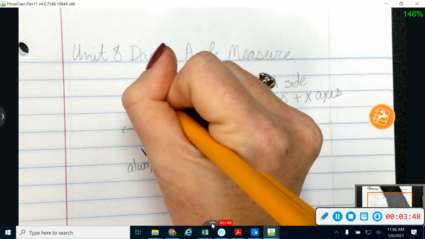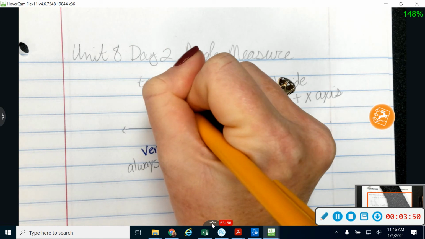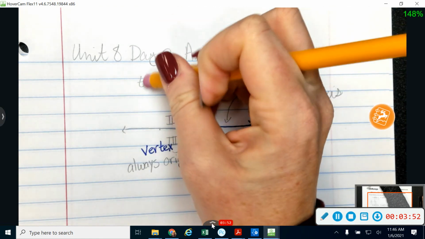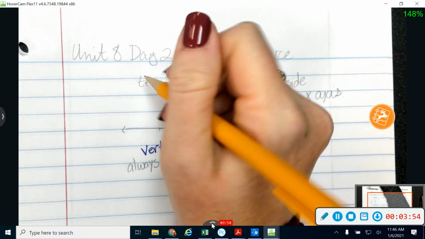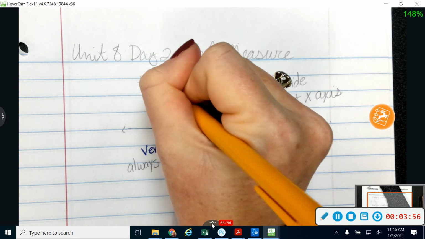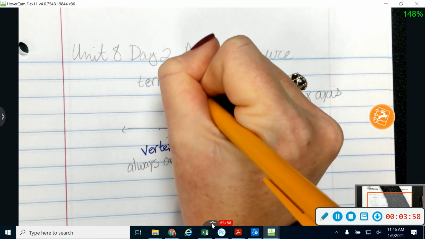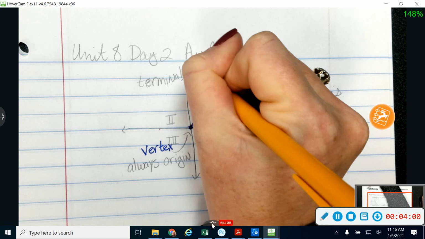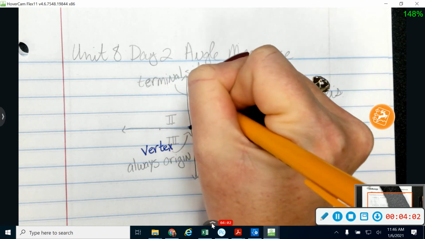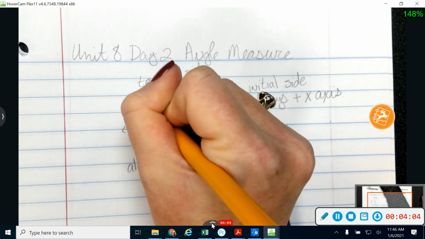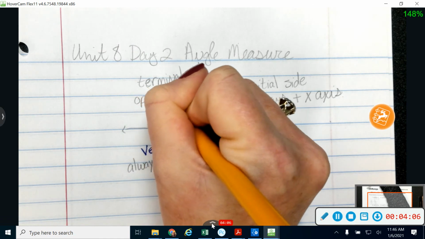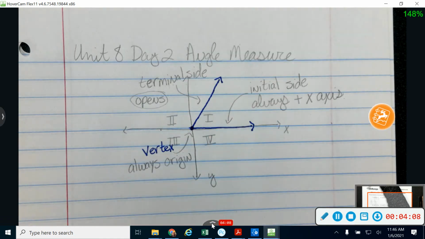That right there is what we call the terminal side. I can't spell, even though I've written this word all day long. It's the side that opens to make the angle, the one I'm going to draw more consistently, and the one that we're going to measure.